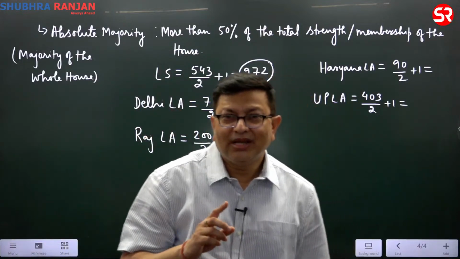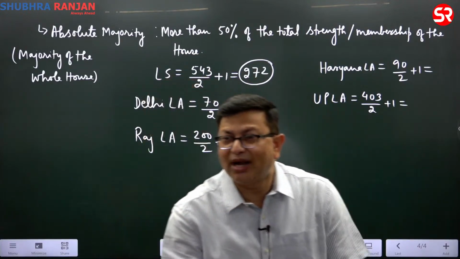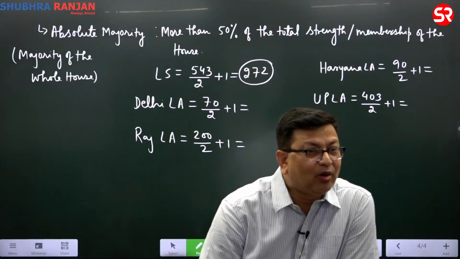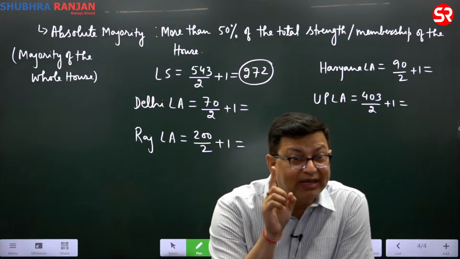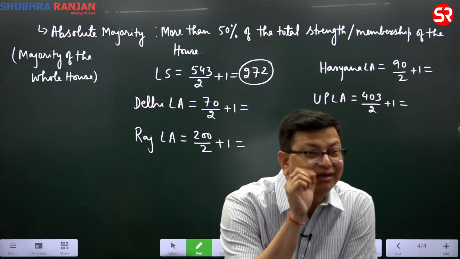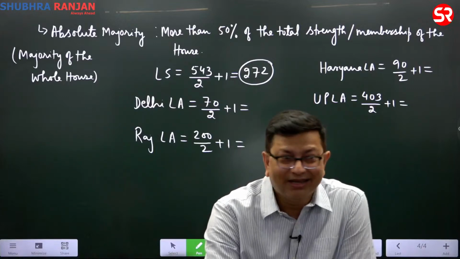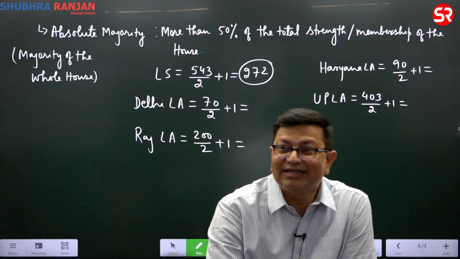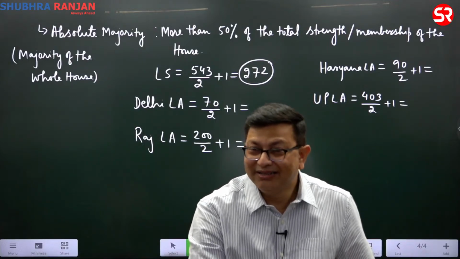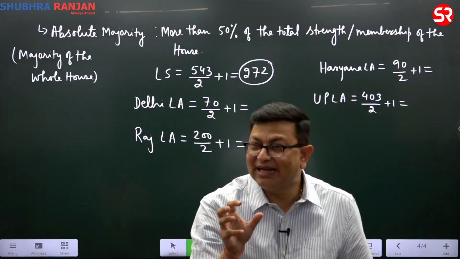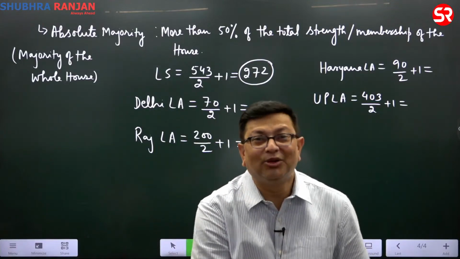So now the question is where this majority will be required. It will be required in the lower house for the formation of the government. Now we are having the Lok Sabha elections. Why are we saying 272 seats in the Lok Sabha? People are saying it is a magic figure. What is this 272?